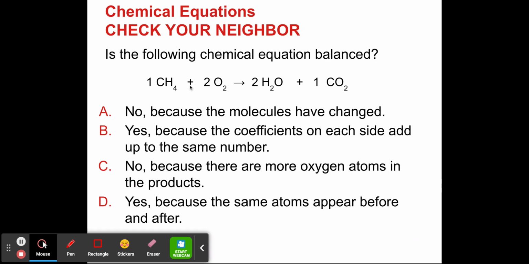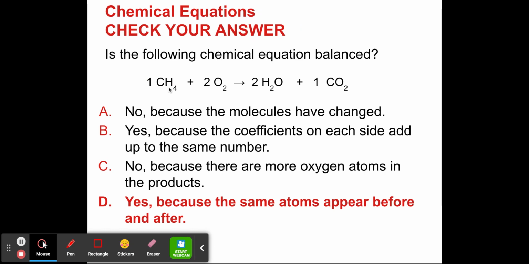So this formula CH4 means that you have one carbon and four hydrogen, because after hydrogen you have a four. That four multiplies this hydrogen. It belongs to that hydrogen alone. And this number in front multiplies everything in the formula. So it will be one times carbon, and one times hydrogen.